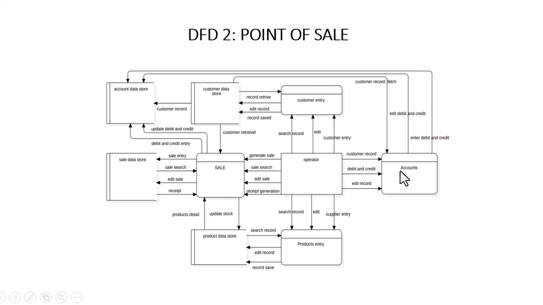Similarly, this is the accounts. So the operator enters the customer, enters the debit and credit payments, and he can also edit. In entry of debit and credit, and edit, the data flow direction is toward the account data store.